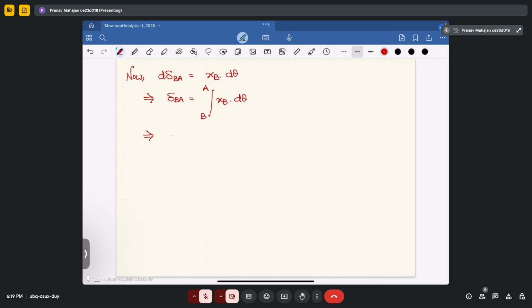How can you write d theta? d theta you can write as phi x into dx.